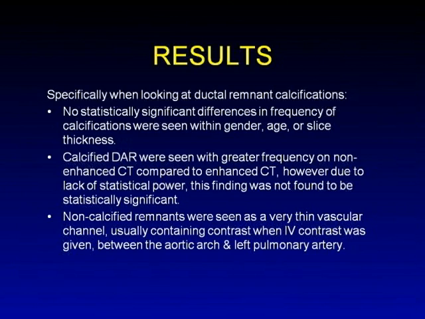However, as I said before, we did see a trend of seeing more calcified remnants on non-enhanced CTs. And when looking at non-calcified remnants, they were seen as very thin vascular channels, usually containing contrast, between the region of the aortic arch and the left pulmonary artery.